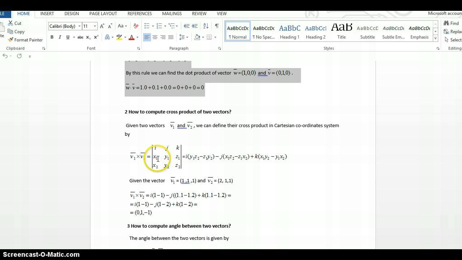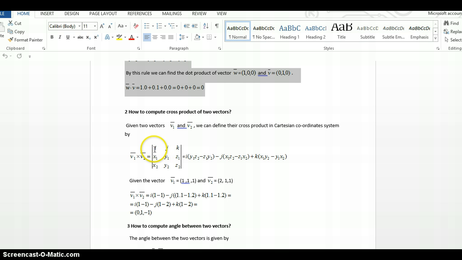Then the cross product is achieved by multiplying. First you say this times this, that's y1 times z2, minus z1 times y2.